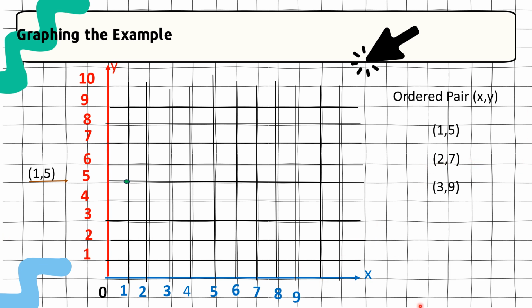This is the 2 on the x-axis, and we go up to the 7 on the y-axis. This is the point. Third, the pair 3 and 9. This is the 3 on the x-axis, and up to the 9 on the y-axis. Here the pair is 3 and 9, and this is the point.